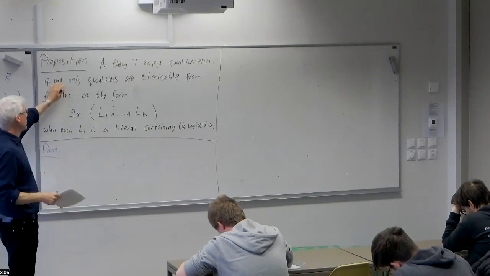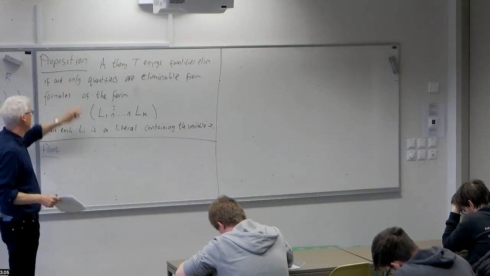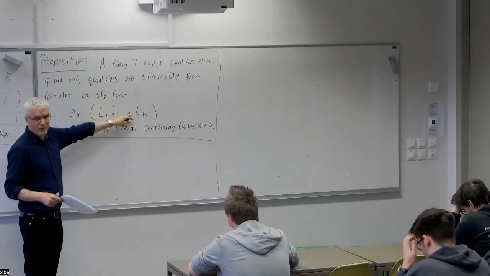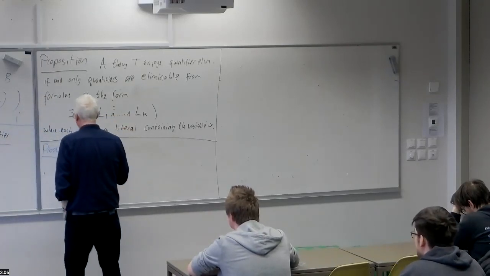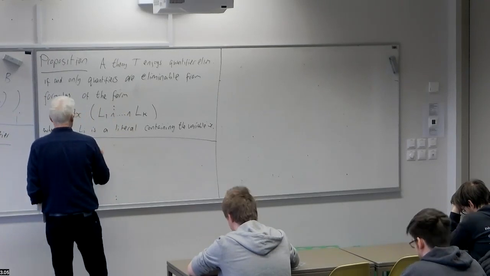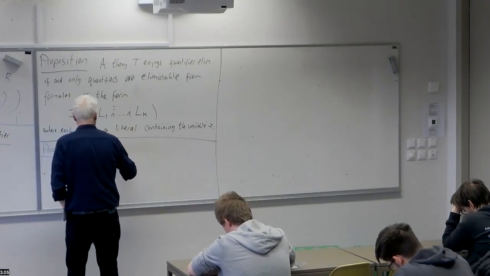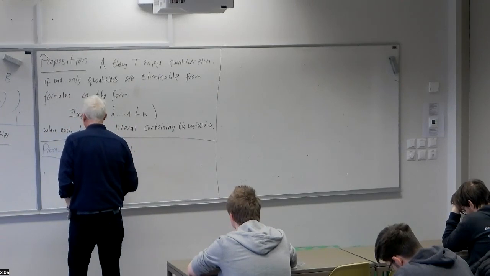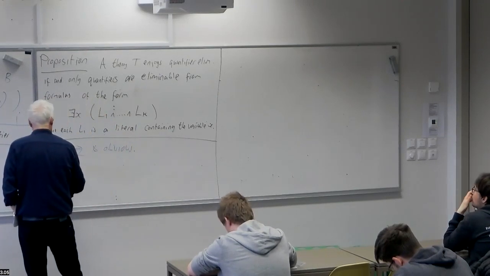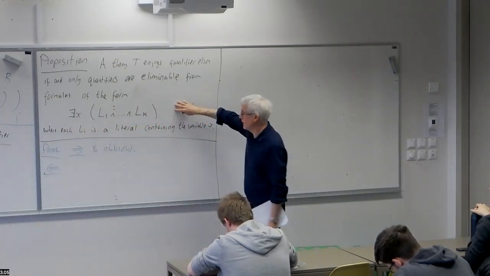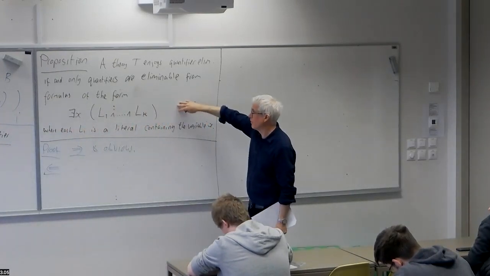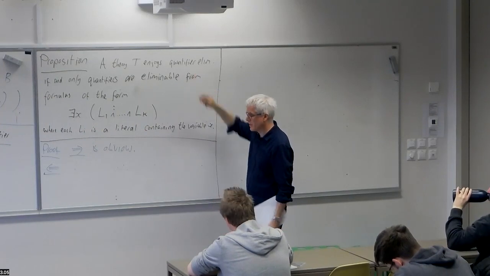It's absolutely obvious that if quantifiers are eliminable, then they're eliminable from formulas of this specific form, because they're eliminable from all formulas. So the left to right implication is obvious. For the right to left implication, if we can eliminate quantifiers from formulas of this form, then we can eliminate quantifiers in general.